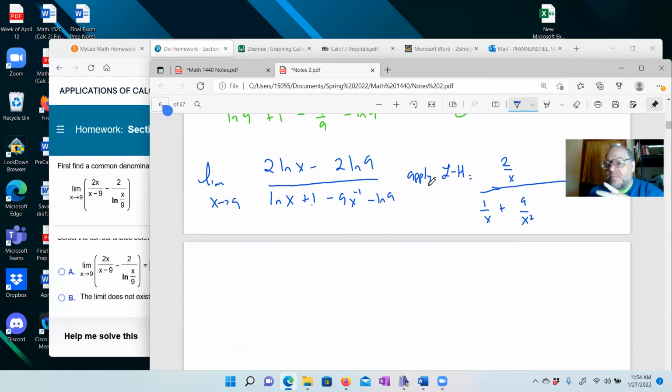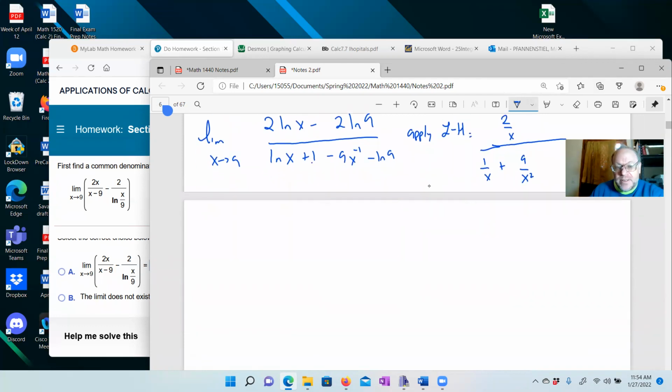So let's go ahead. We can plug in 9 again and see what happens. Okay, so we end up with the limit as x goes to 9 of 2 over 9 over 1 over 9 plus 9 over 81. Okay, so this is 2 over 9 divided by 1 over 9. What is 9 over 81? 1 over 9.